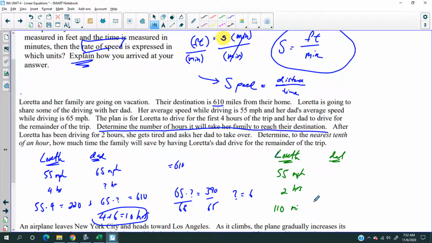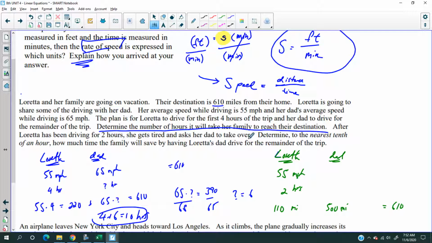Am I right? Yeah. Her dad takes over. Now, they still have to do the 610, so the dad has to cover 500 miles. So you see how organizing information in whatever way really helps you, okay?